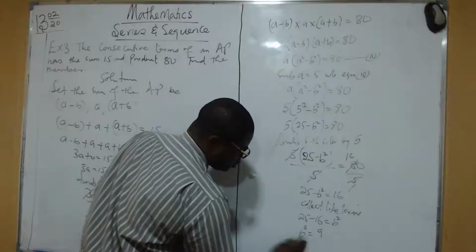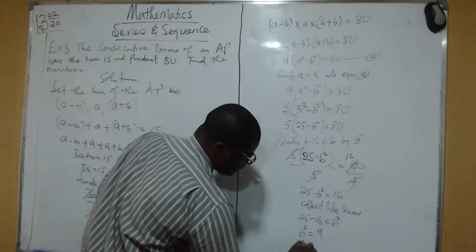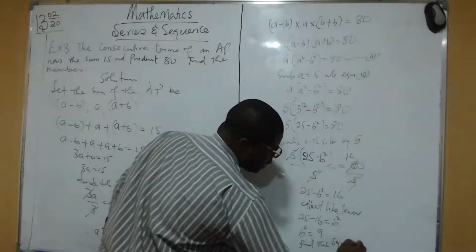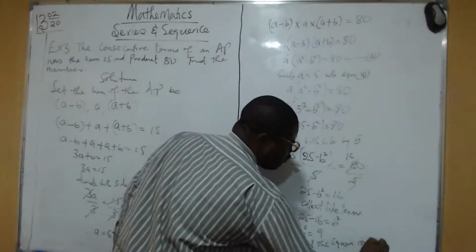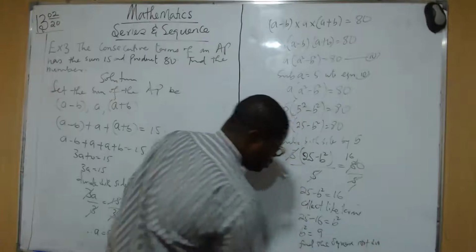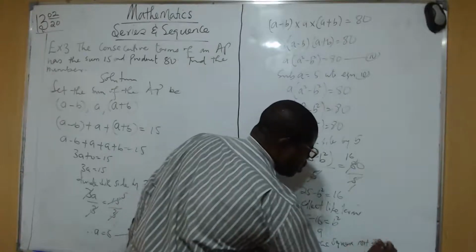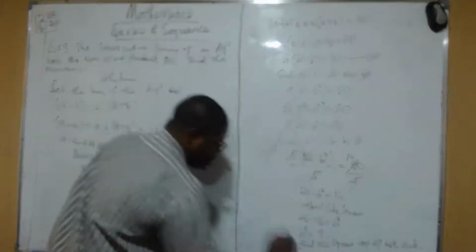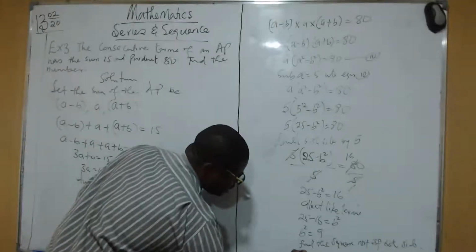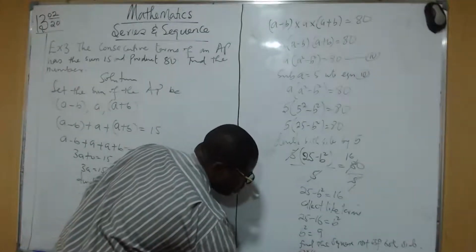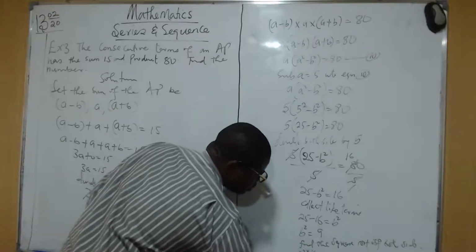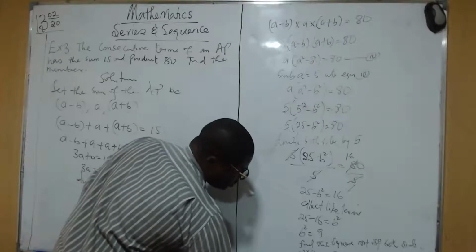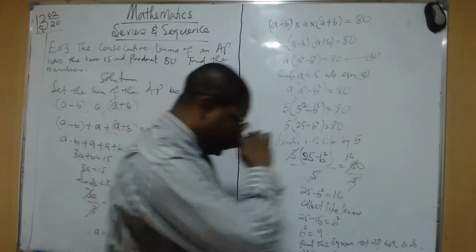Then find the square root of both sides. So b equals plus or minus root 9. So our b will become plus or minus 3.